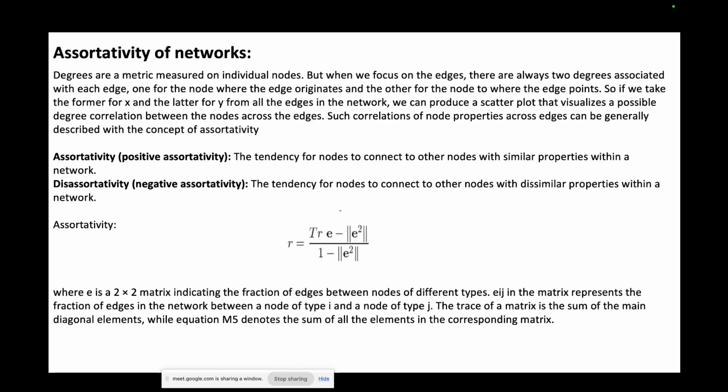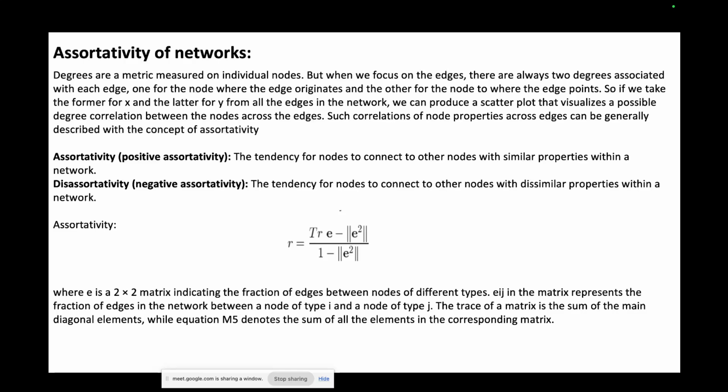So degrees are a metric that is measured on individual nodes. So we quantify the degrees of a particular node. We can extrapolate that to a network by averaging out the number of degrees of all the nodes in the network, and also we can use degree distribution as a proxy to that as well. But generally, this is calculated on individual nodes. But when we focus on the edges, there are always 2 degrees associated with each edge, which is one for the node from which the edge originates, and one for the node that it actually points to.